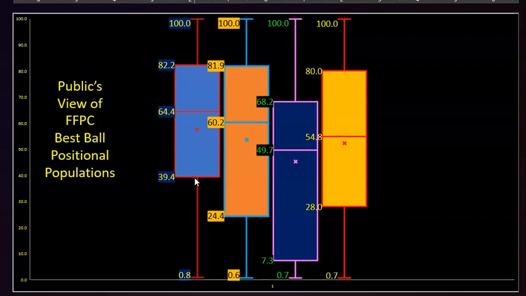So if I was doing research, and I do, that's where I look. I really try to figure out what the public is thinking and where they are wrong. And I think you have an opportunity in the value 60% and down, trying to pick up some of those 4th, 5th, 6th RBs at that point. That's where that might swing you to the top of your league here.